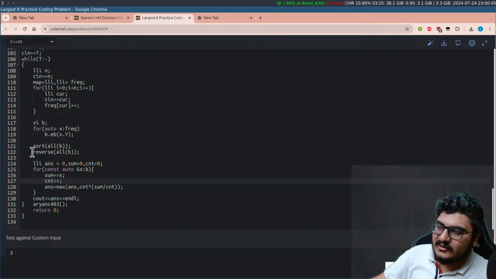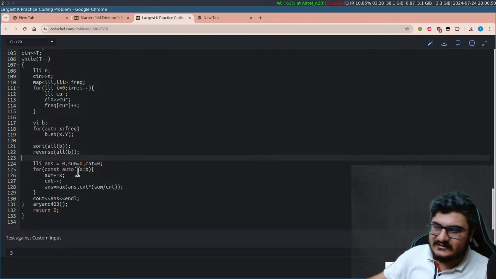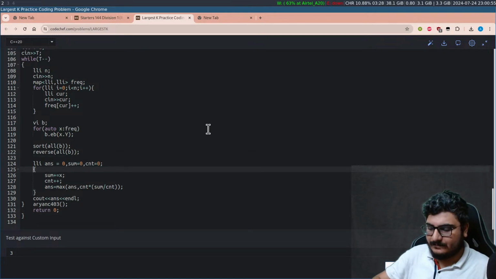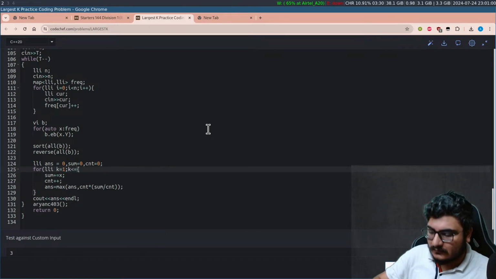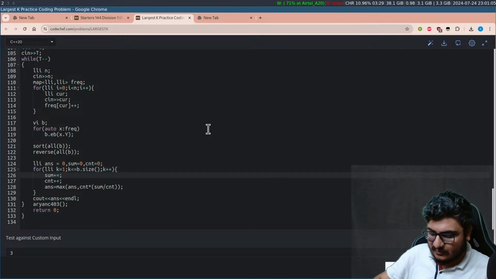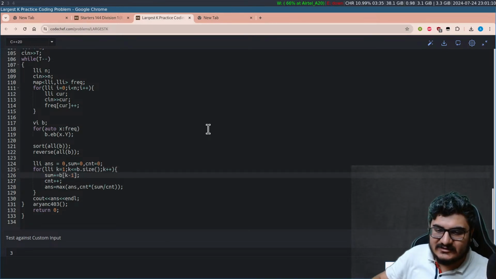So now I have sorted the frequencies of all the elements in distinct order. Now I am increasing d dot size. Now, for sum equal to, I will do bk minus 1. It's because it's 0 based indexing.